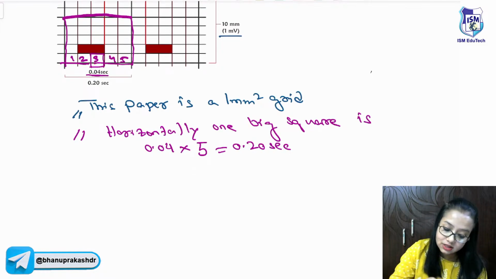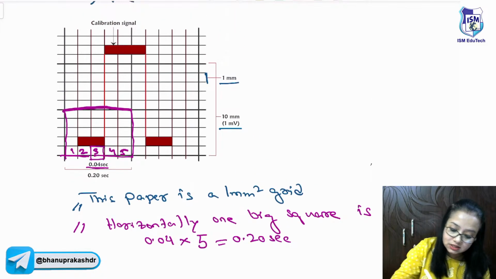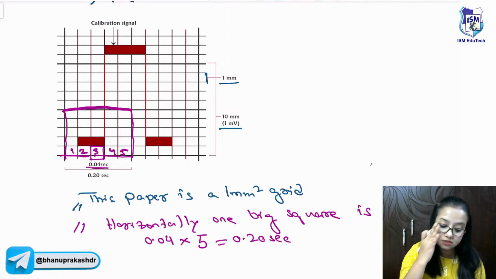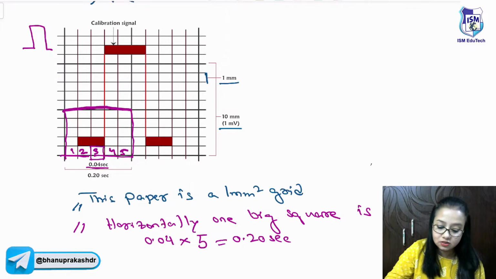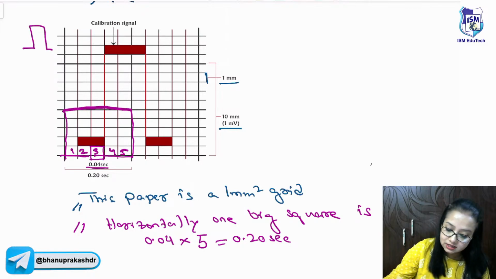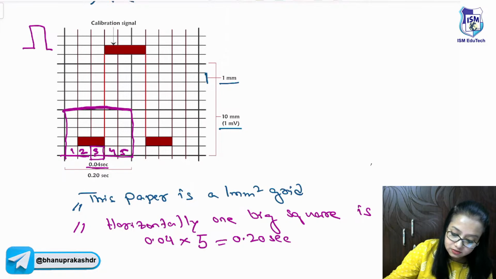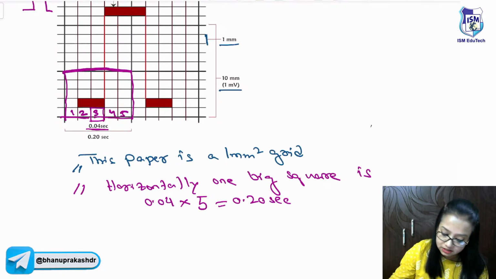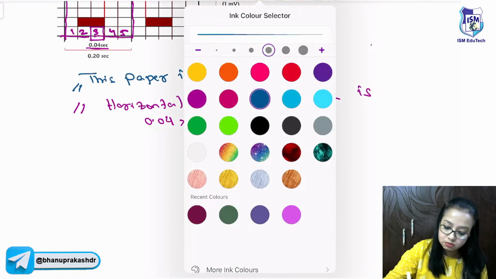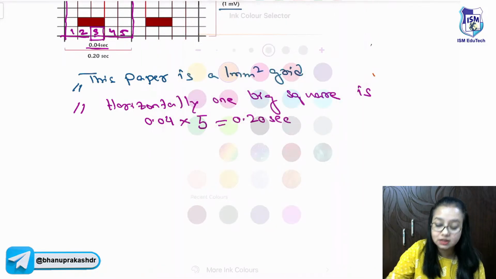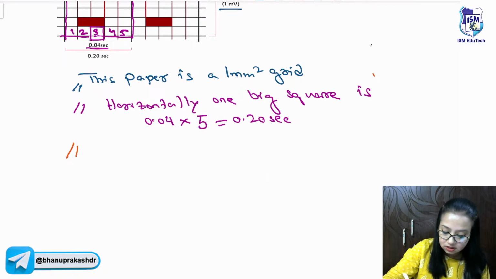Now, on the top of each ECG paper, when we read the ECG, we will see there is a symbol like this. This symbol designates the speed. This symbol designates the calibration. This ECG paper runs at a particular speed.